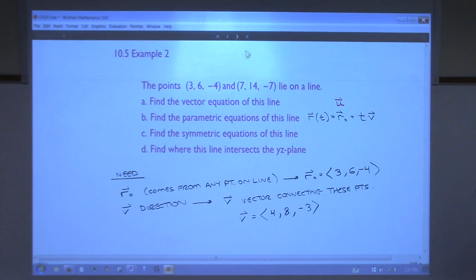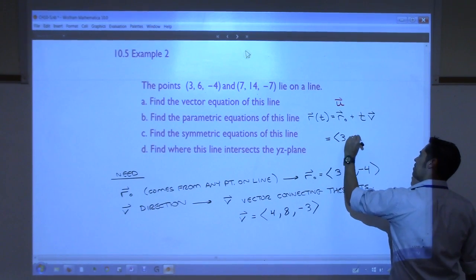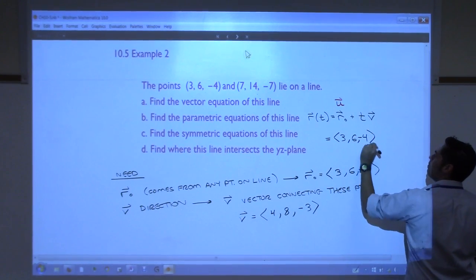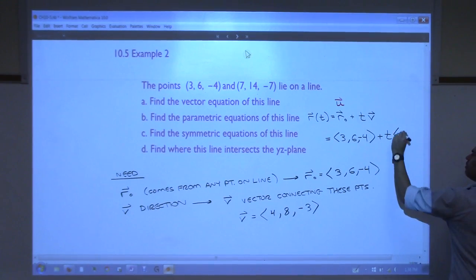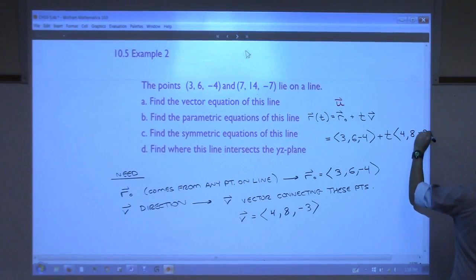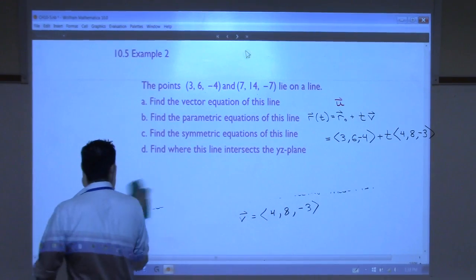Okay, so r naught is the vector 3, 6, negative 4. And we're adding to that t times v, and v is 4, 8, negative 3. Right? That's what we've got. So let's keep going here.